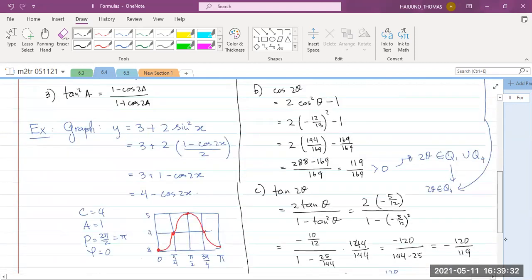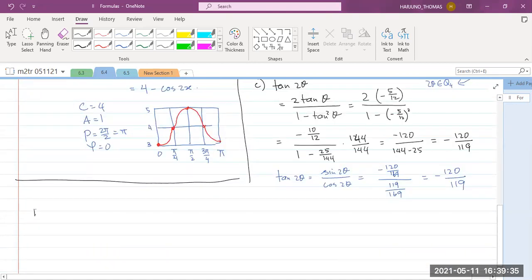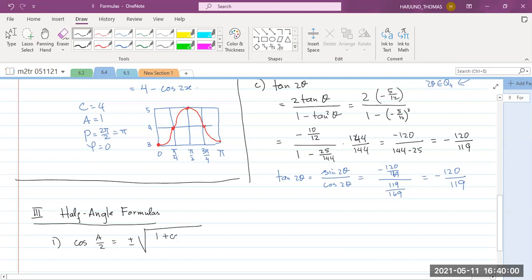Now group 3, half angle formula. The first one, cosine A over 2 equals plus or minus the square root of 1 plus cosine A over 2. You know what? Instead of using A, let me use theta.